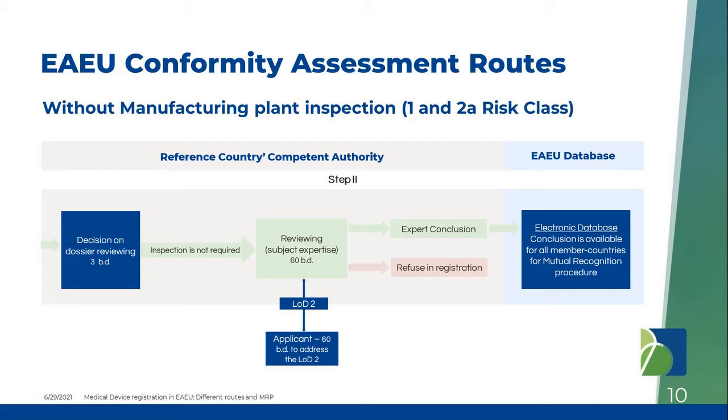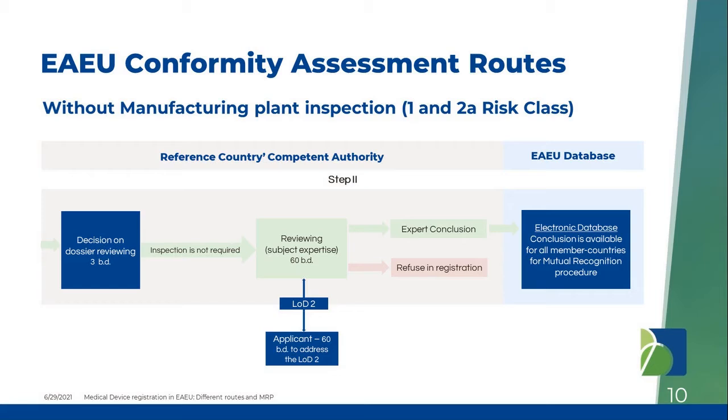If there are some deficiencies in the dossier, you will get a letter of deficiency, and you should provide the corrections or additional explanations or maybe some amendments to the testing reports during 60 business days. After that, your explanations will be reviewed, and if they don't satisfy the authorities, you will get a refusal in registration.